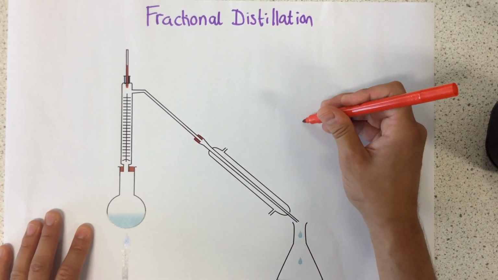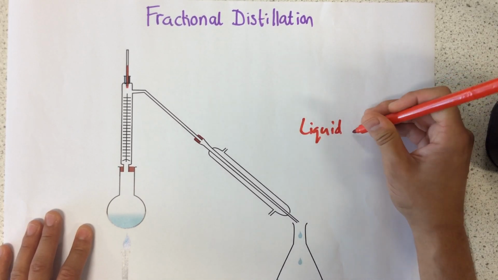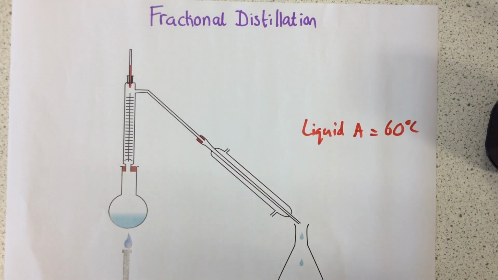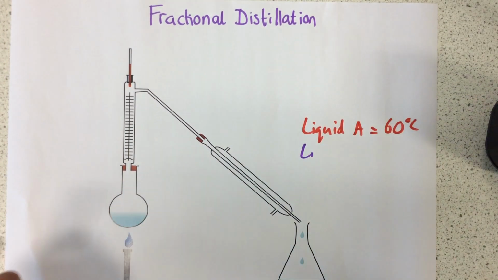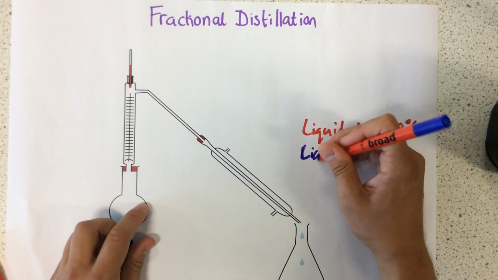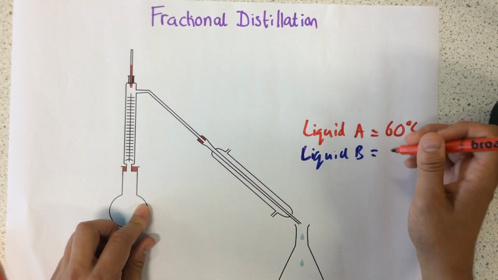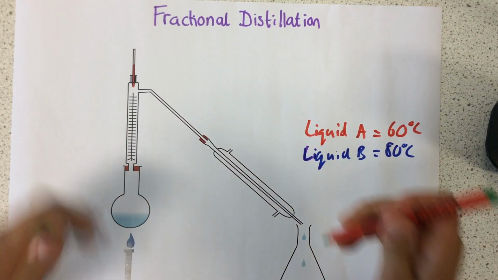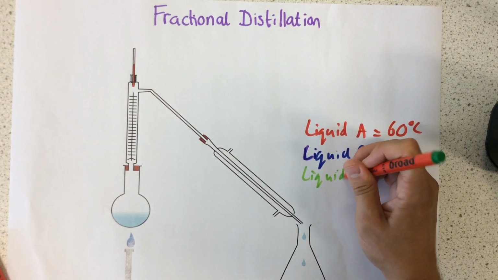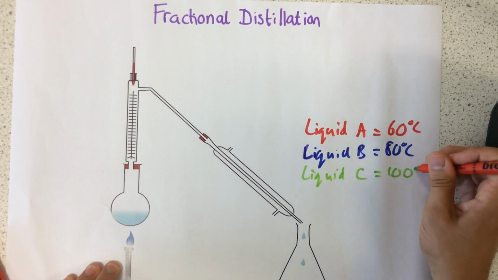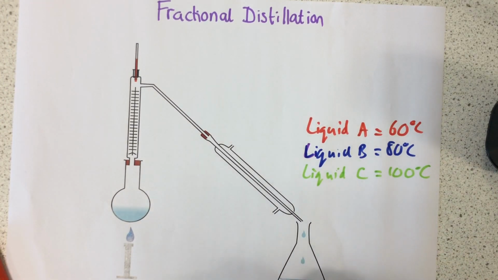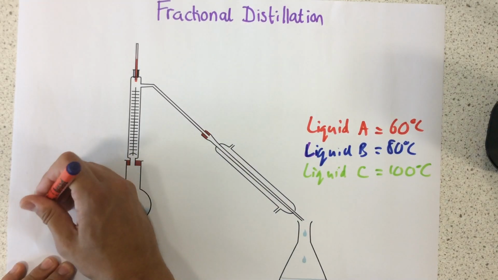So let's just imagine we have liquid A, which has a boiling point of, let's say, 60 degrees C. Let's imagine we have liquid B, which has a boiling point of 80 degrees C, and we have liquid C, which has a boiling point of 100 degrees C. Cool. So, at the beginning, we've got them all in here. So we've got a mixture of liquids here.